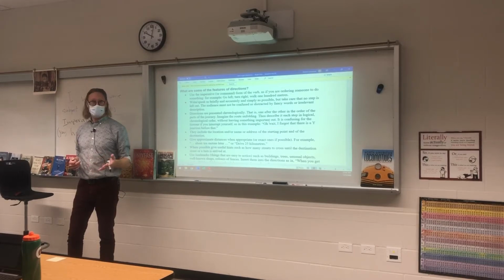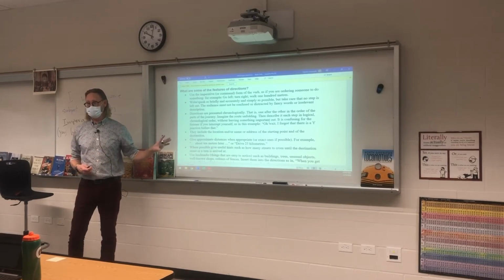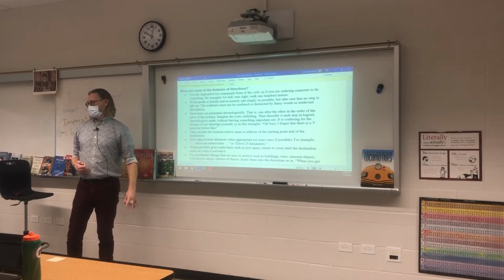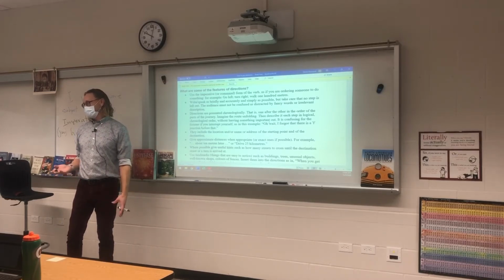There are professional writers whose jobs it is to write instructions for how to operate your TV remote control or whatever you buy, it always comes with instructions. Someone writes those. So that's what we're going to learn how to do. We're starting with the simple stuff, not farmer directions. Sorry, Gavinator. Not saying farmer directions can't work. They can, but they're informal and there are no jobs to be had giving farmer directions.